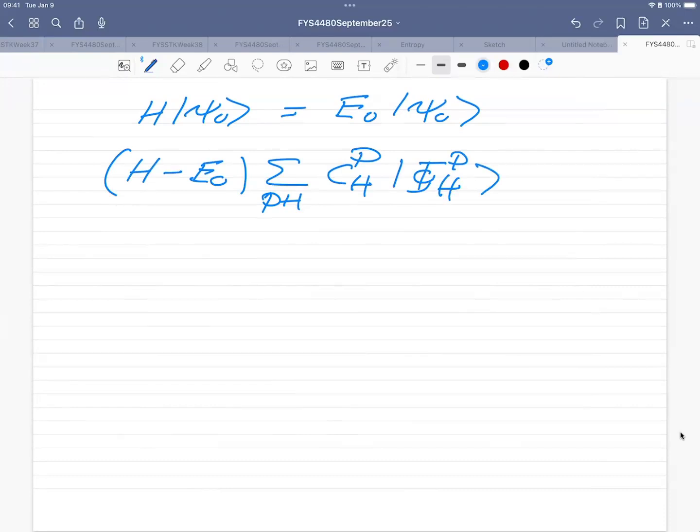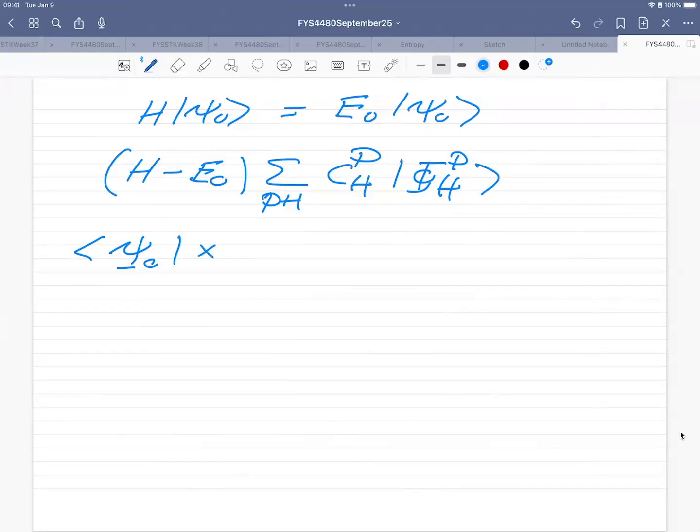That means that if I now look at the expectation value of the energy, so if I multiply with psi 0 from both sides, what I get is the following. I will have a summation, and keep in mind that the basis I've chosen of Slater determinants is an orthogonal basis.